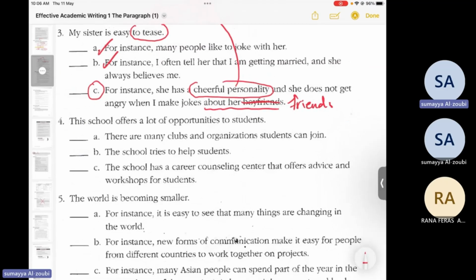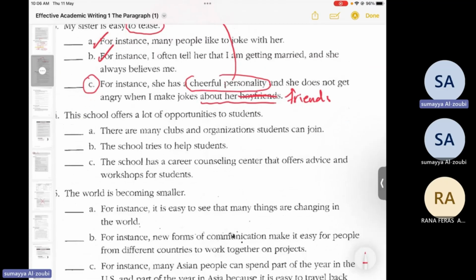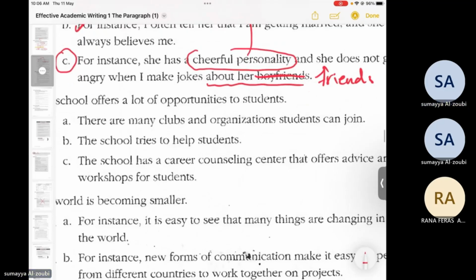Yes, she deserves that. This school offers a lot of opportunities to students. Which examples could be taken? Come on, what do you think about the topic? Do you like it or not? Do you understand what we are saying? Remind me of your name. Rama.